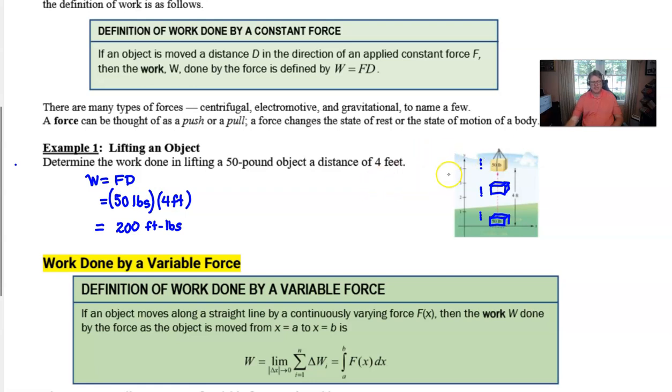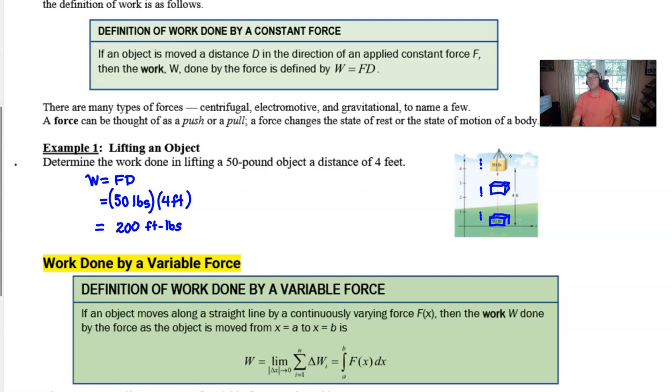So if we have a variable force, then things certainly are going to change. What that's going to mean is that we're going to have these incremental amounts of work that are done throughout the process of moving the object. And those incremental amounts of work are likely going to carry different forces on them. For example, let's say that we're lifting this 50-pound box, but that 50-pound box is full of sand.